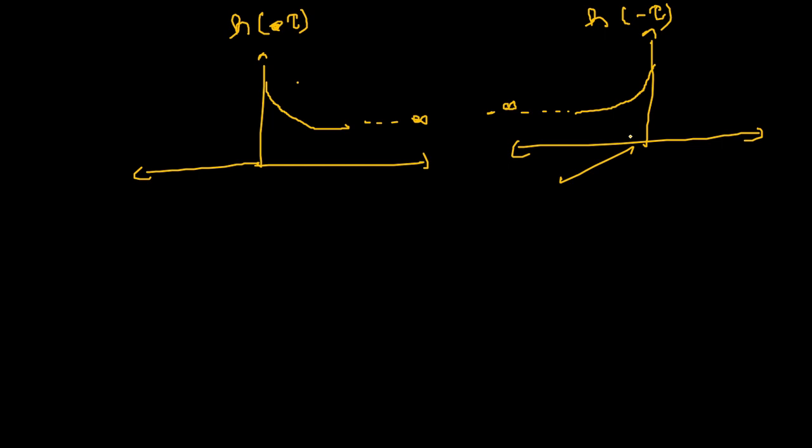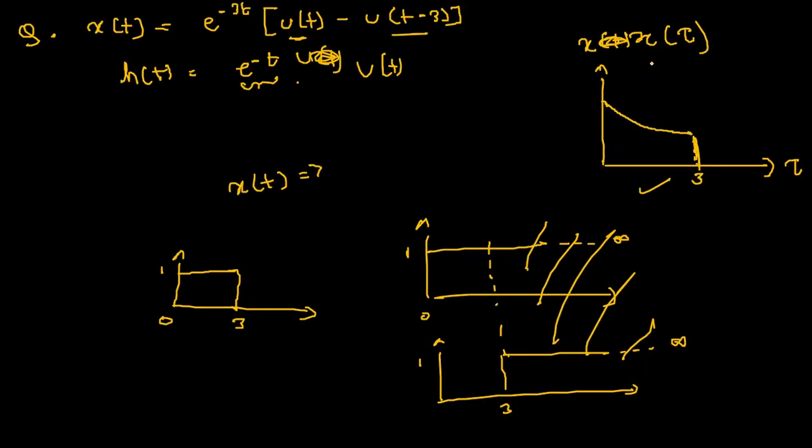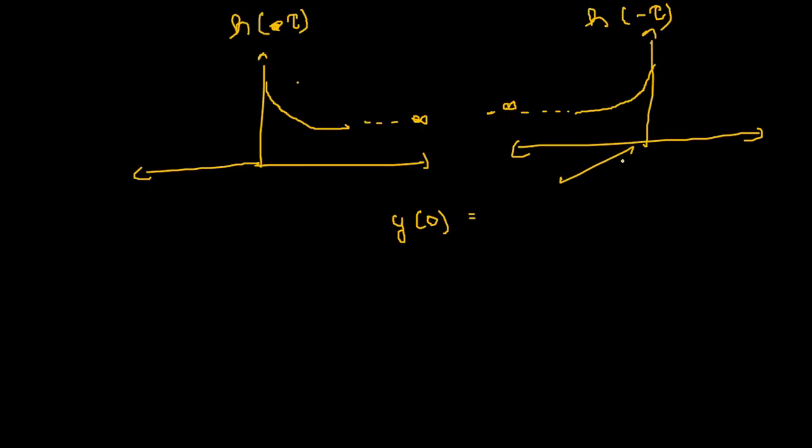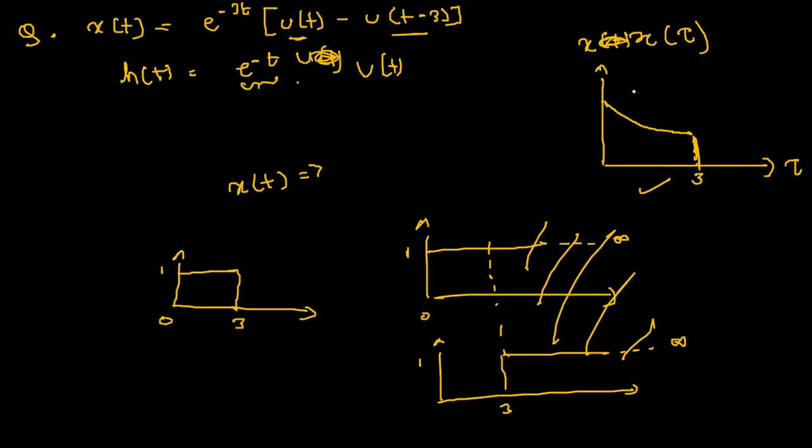So the next step is we'll start multiplying for each value of t. So y of 0, let's see what the common region is. The common region here is simply 0. And for y of minus 1, y of minus 2, and all of the negative values of t, we are going to get 0, because right now the only common region between h of minus tau and x of tau is 0.